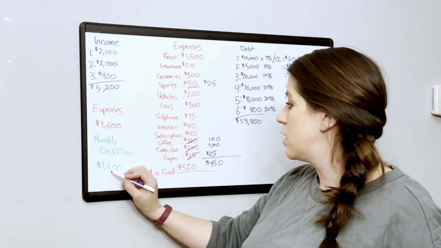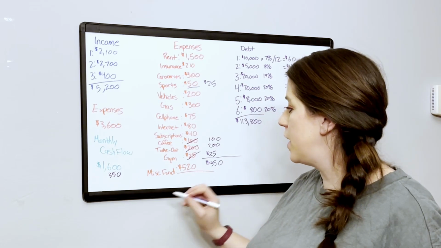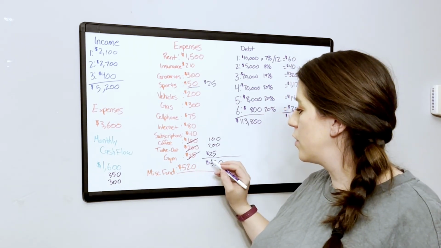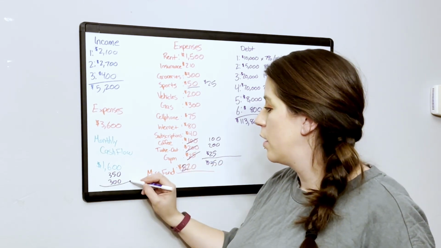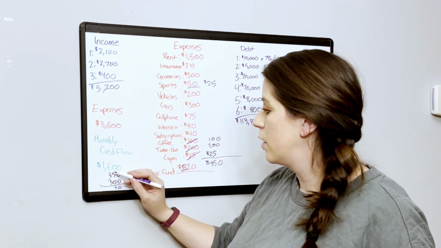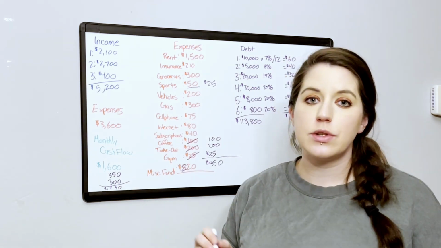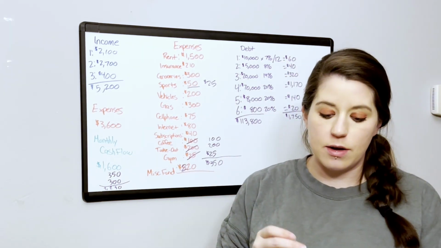So with 1,600, 350, and then if we take 300 from there, that gives us $2,250 to use towards paying that debt off.